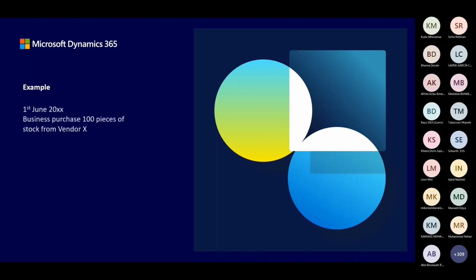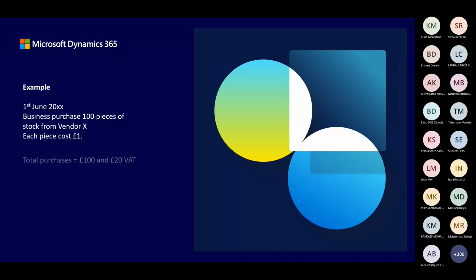So let's look at an example. Say, for example, I know I put 1st of June, but say today, the business purchased 100 pieces of stock from vendor X. Each piece costs £1. So total purchases will be 100 for purchases and 20 for VAT.